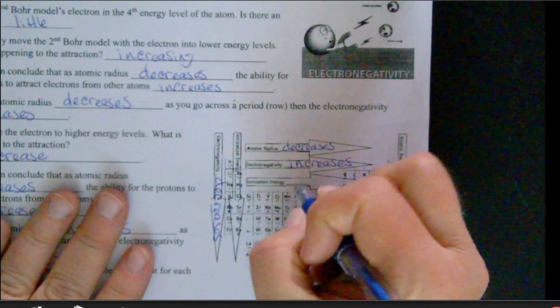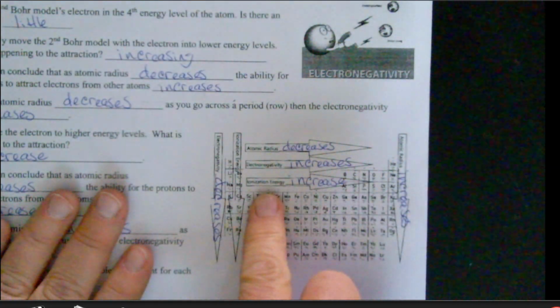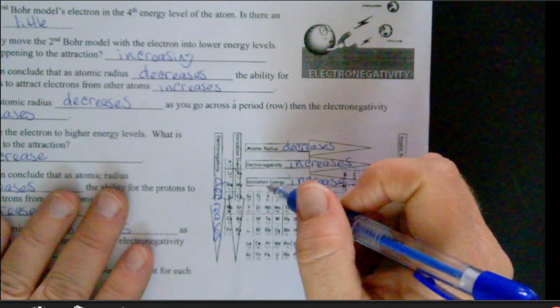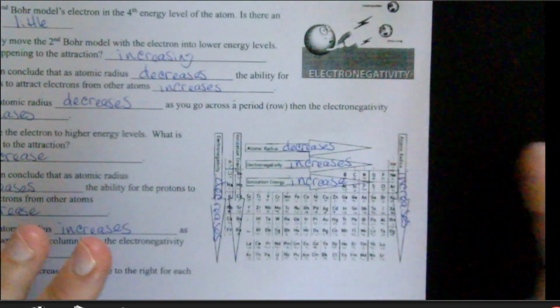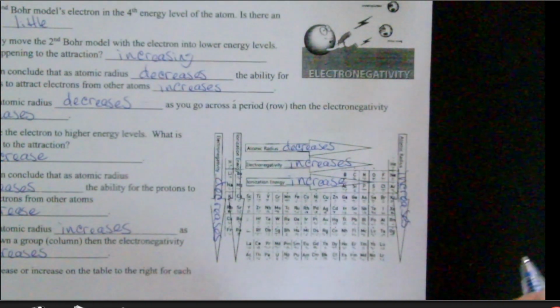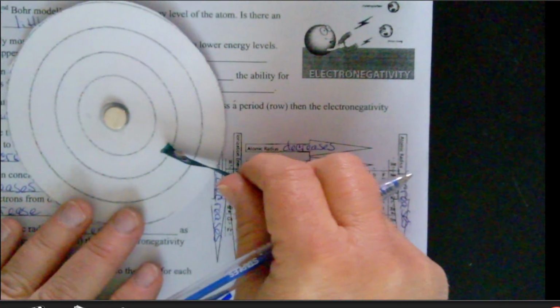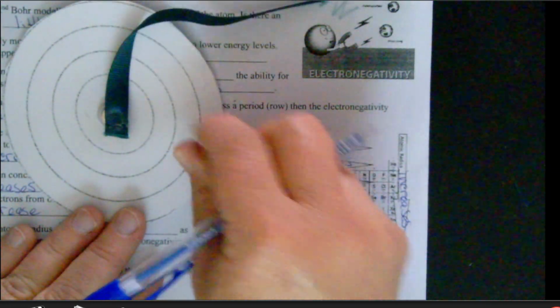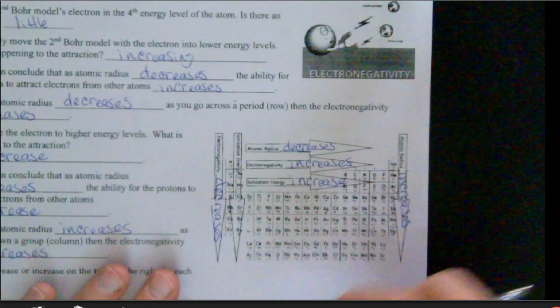So electronegativity increases. Ionization energy is the energy to remove an electron, so it increases, it takes it harder and harder. Sorry, I got those two confused. So ionization energy, the smaller it is, the harder it is to remove, the more energy it needs, okay?